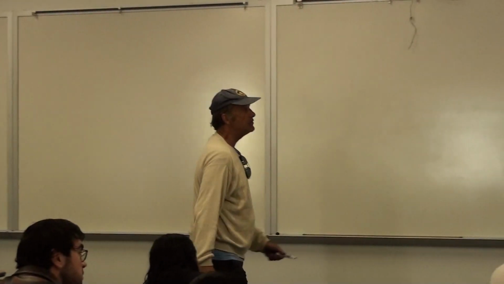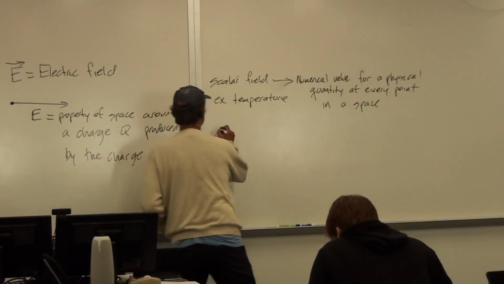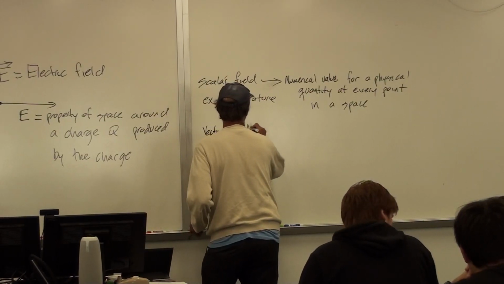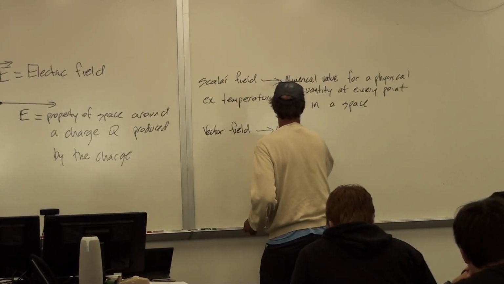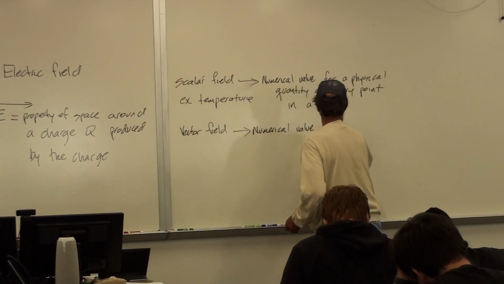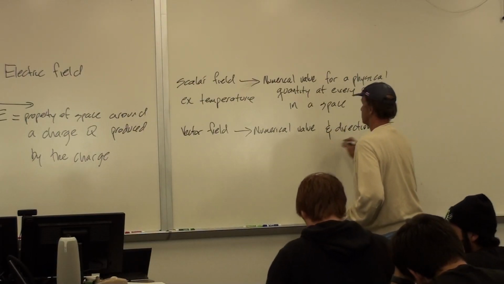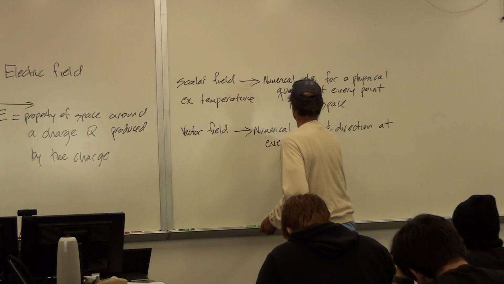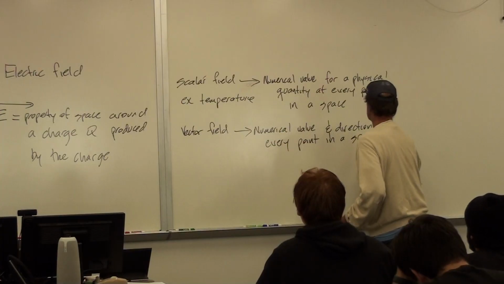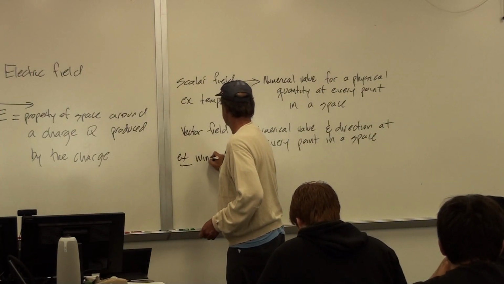Now it doesn't have a direction if it's a scalar field, but a vector field has a magnitude and a direction at every point in the space. And so an example of this would be wind velocity.